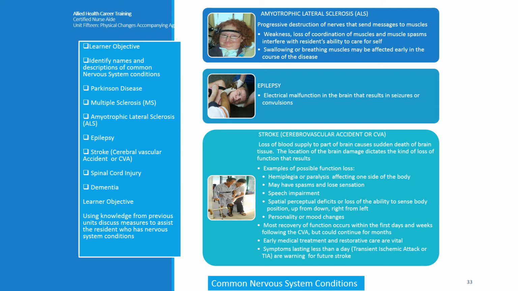So you will hear somebody say, "Oh well, yeah, we thought mom was having a stroke, but it was just a mini stroke. It was a TIA." Well, that's not just anything. That's still a warning for a future stroke. And the more you have of those, the higher the likelihood that you're going to have a full-blown CVA. So kind of keep that in mind as well.